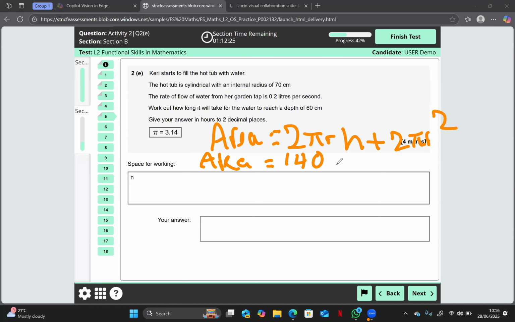Plus, no, we would do the square, so r squared would be 70 squared.